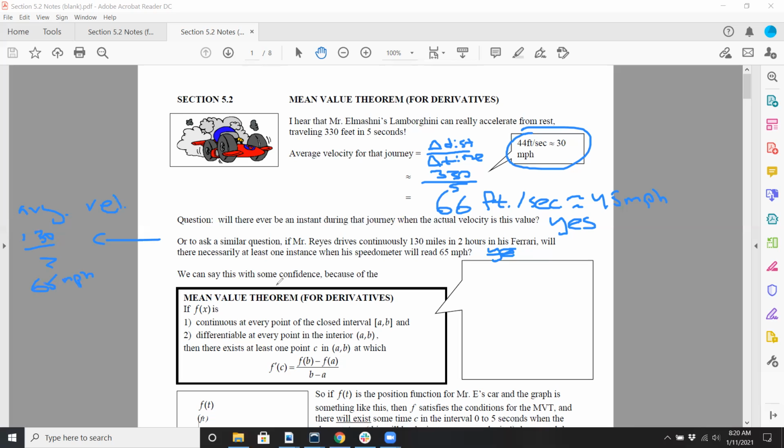So given this, we can say with confidence the following, which is the mean value theorem for derivatives.